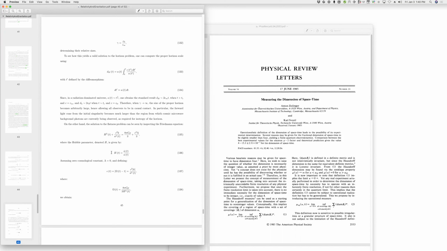So H of t is the Hubble expansion rate. And where's the dimension in all of this? So the scale factor a implicitly defines a dimensionality, I think.